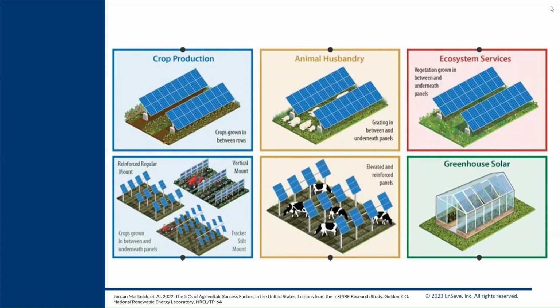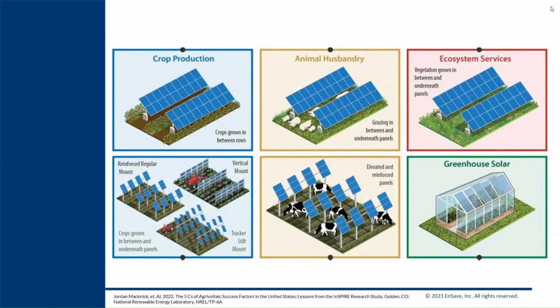You'll notice there are several different ways to construct those arrays to allow agricultural production to continue. Also livestock grazing. This is a pretty popular way of using agrivoltaics currently, with livestock underneath, specifically sheep and cattle that seem to thrive under these systems.